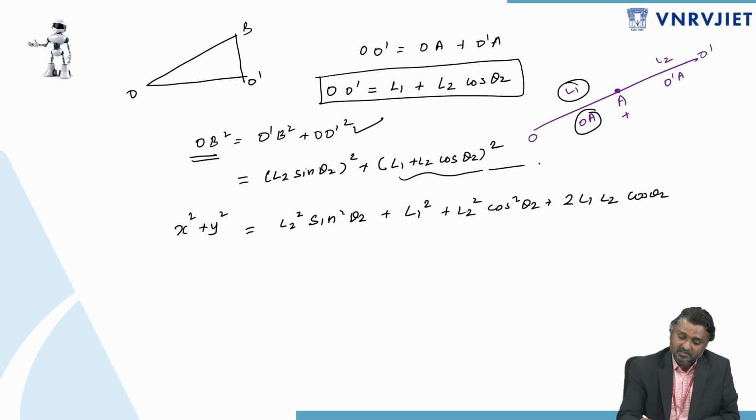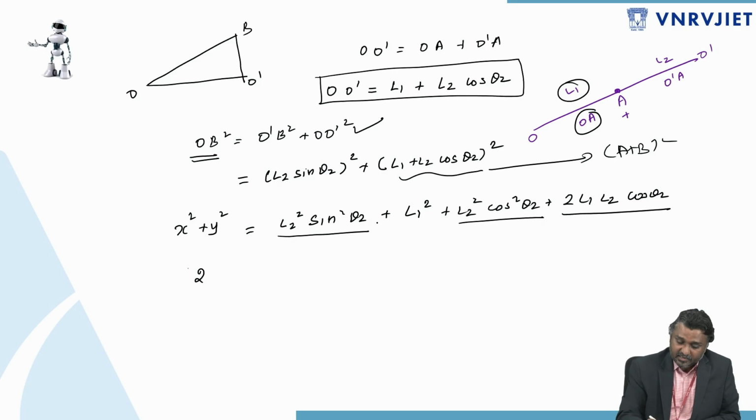Okay, so this form is the (A plus B) whole square form, and this is the 2L1 and L2. I'm moving this side. So 2L1, who is there? Here you just see L2 square and L2 square: L2 square sine square theta 2 plus L2 square cos square theta 2 is there.